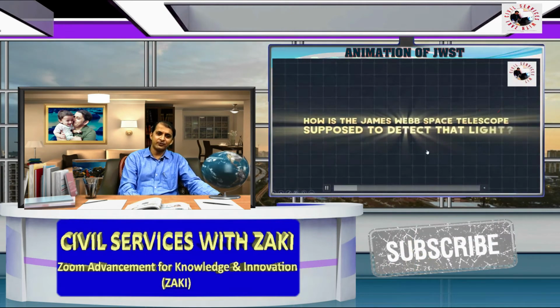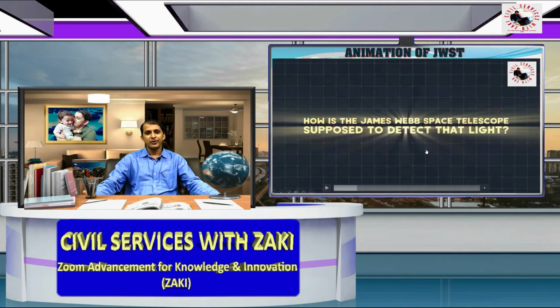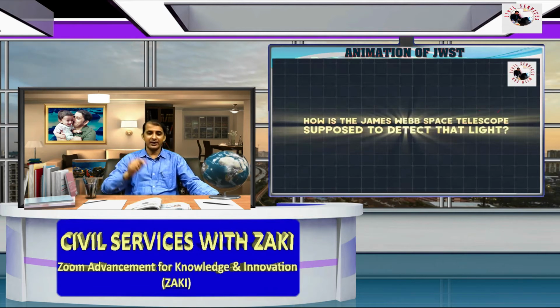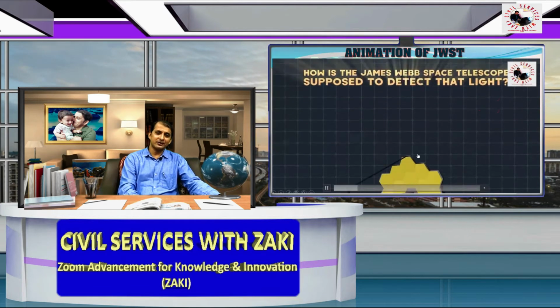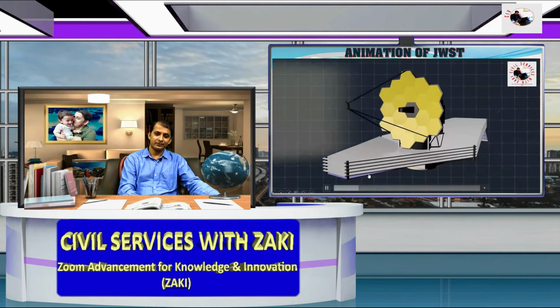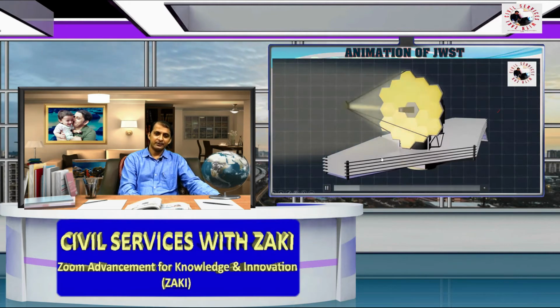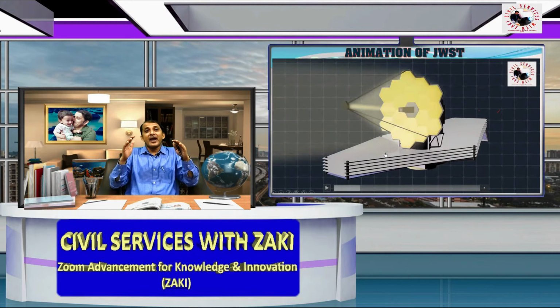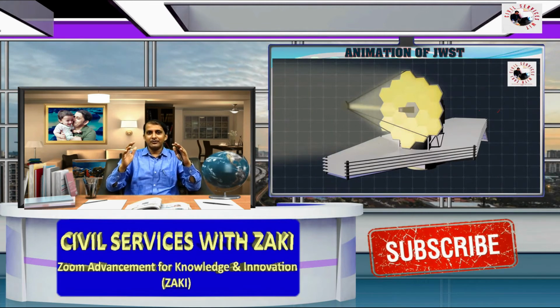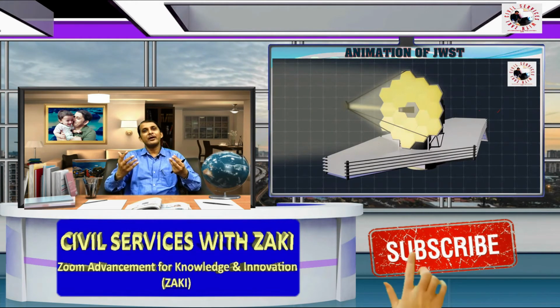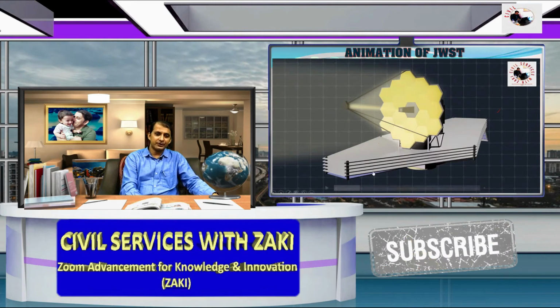So how is the James Webb Space Telescope supposed to detect that light? Because of its primary mirror. It catches more light, and more light means a clearer picture.